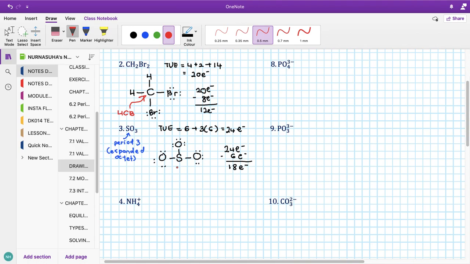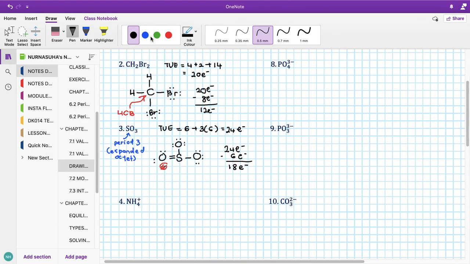So what we need to do? Is we have to make it octet. So take one lone pair and make it as double bond. Okay, now since just now I told you, okay, sulfur ni, it is in period 3, so it can form more than 8 valence electron.